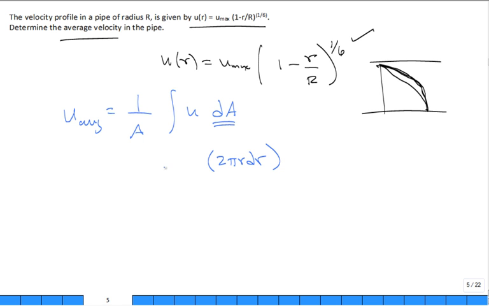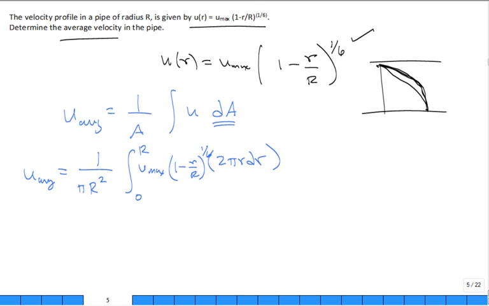And then you would stick in u max times 1 minus lowercase r over cap R, all of that to the 1/6 power, integrate, and then the area of the pipe hasn't changed, it's pi cap R squared. You integrate from 0 to cap R. So there's the equation for u average.